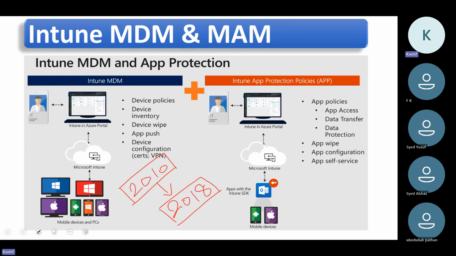But when the device is outside on the internet, it's difficult to manage SCCM managed devices. So in COVID, people started working from home, and Intune came as the savior. People started moving from SCCM or from different third party products to Intune so that the devices can be managed over the internet. That's the best part of Intune. What Intune does is mobile device management and mobile application management. Those are the core functionalities of Intune.